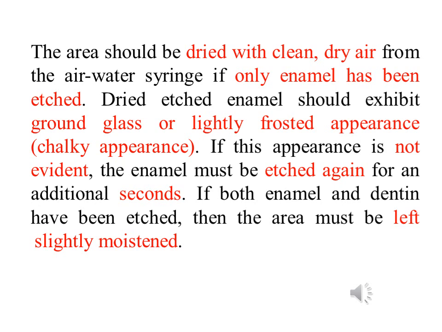To make sure we have obtained an etched surface, we must see the ground glass or chalky appearance on the surface of the enamel. That means our procedure is a success. If this appearance is not evident, the enamel must be etched again for an additional second. If both enamel and dentin have been etched, then the area must be left slightly moistened.